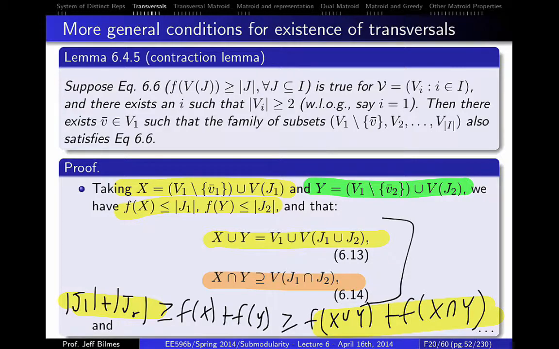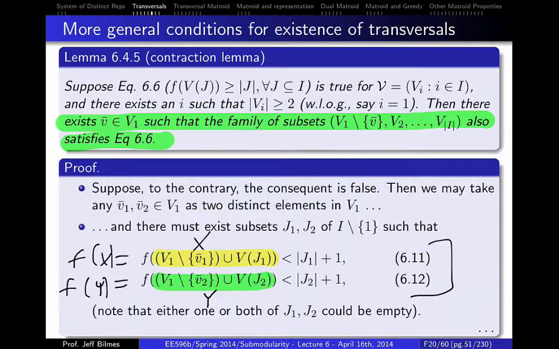So, the assumption that there doesn't exist a family of subsets that also satisfies equation 6.6 must be false. Therefore, there must exist a V bar that, when we remove it from V1, still satisfies it.